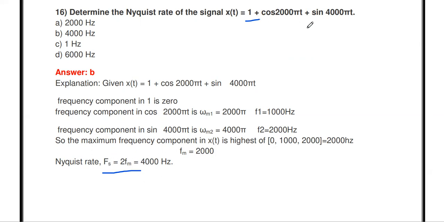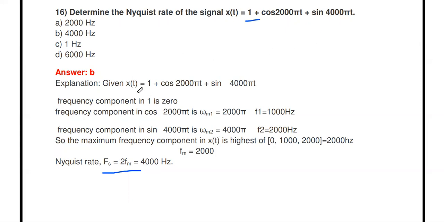If the given signal x of t consists of a mixture of different frequency components, we have to find the maximum frequency of these three signals. That is the Fm. Fm is the maximum frequency component of the given signal.